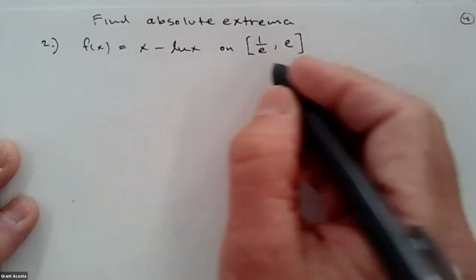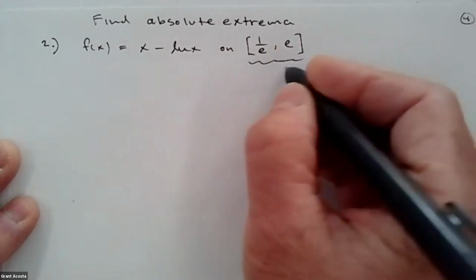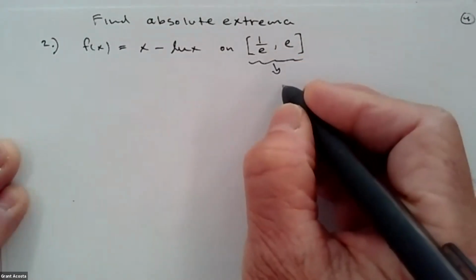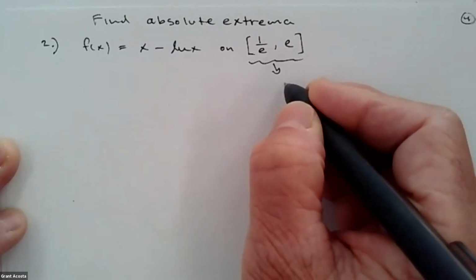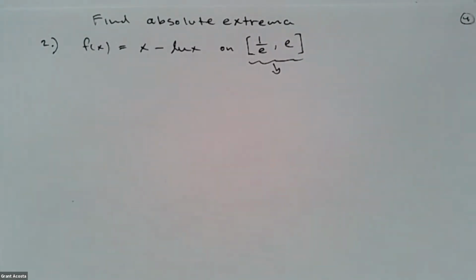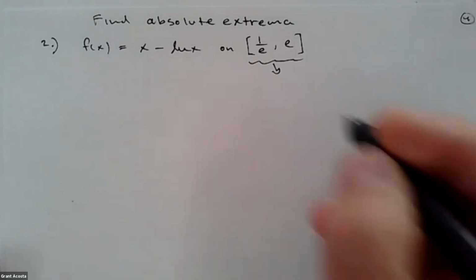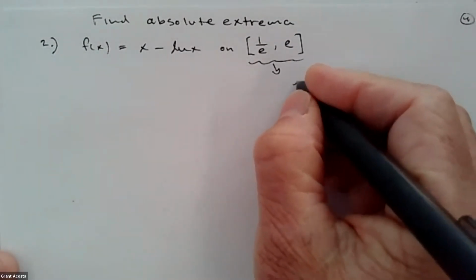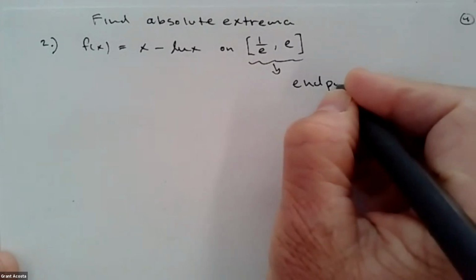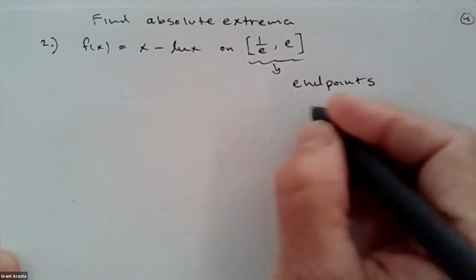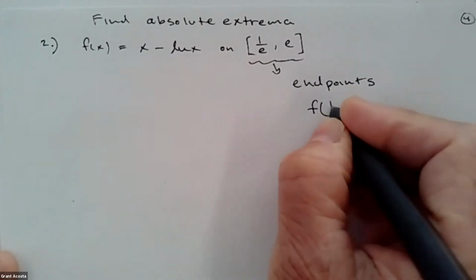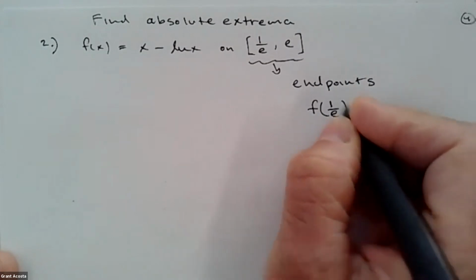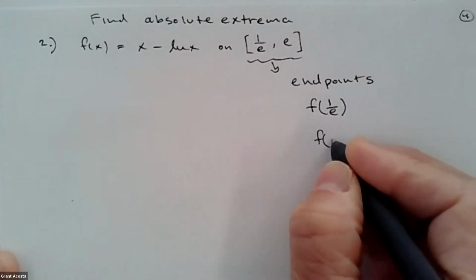We know for sure right off the bat, candidates for absolute max and min points are my two endpoints, huh? If it's going up like this, it's going to be the two endpoints. So let's check our endpoints, and what we're interested in is really the y values. So what we want to do is evaluate f of 1 over e and f of e.